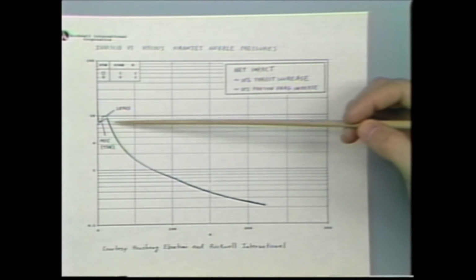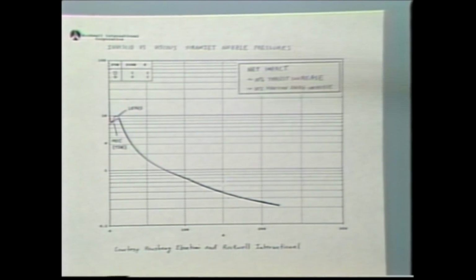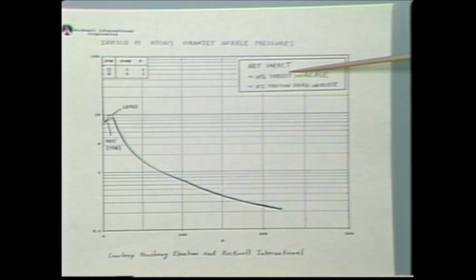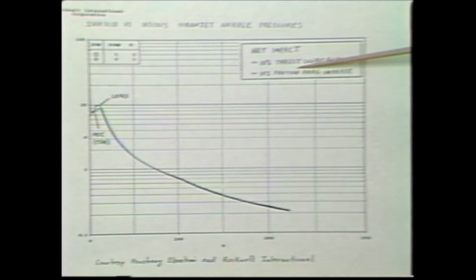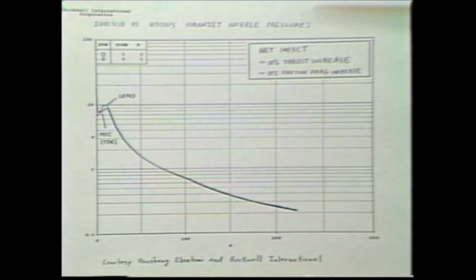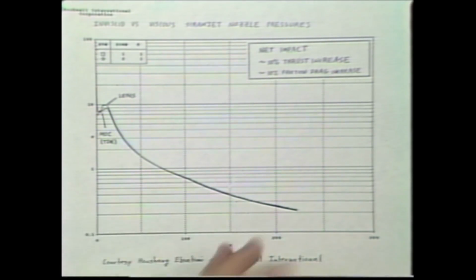Very interesting phenomena. This is the whole entire nozzle, what the pressure distributions look like, and the net effect at Mach 16 was about a 10% increase in pressure thrust, which corresponds also to a little bit of an increase in friction drag, because friction drag tends to also scale with static pressure. But since thrust is higher than the friction drag, you do get a net benefit out of that.